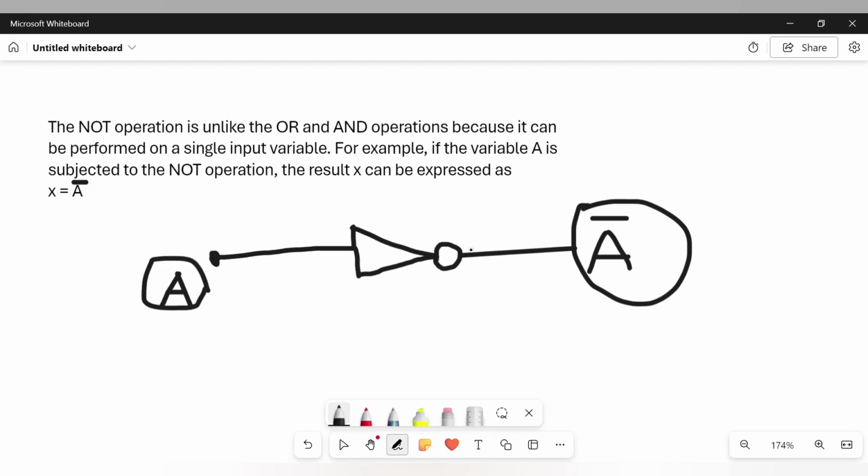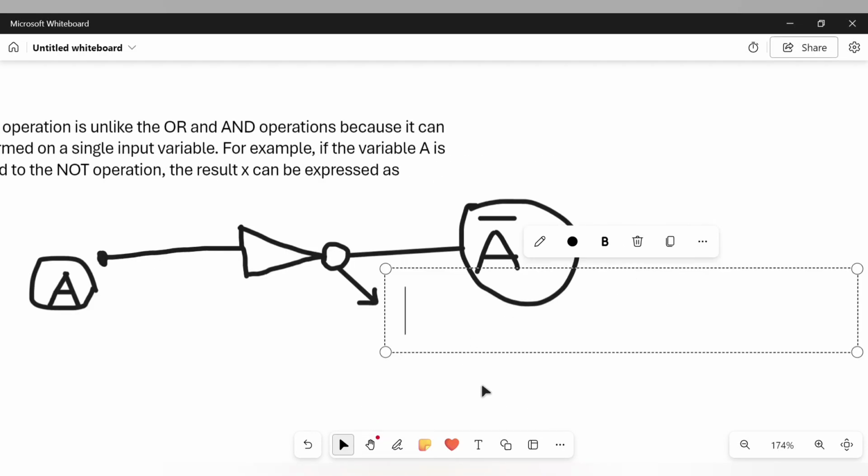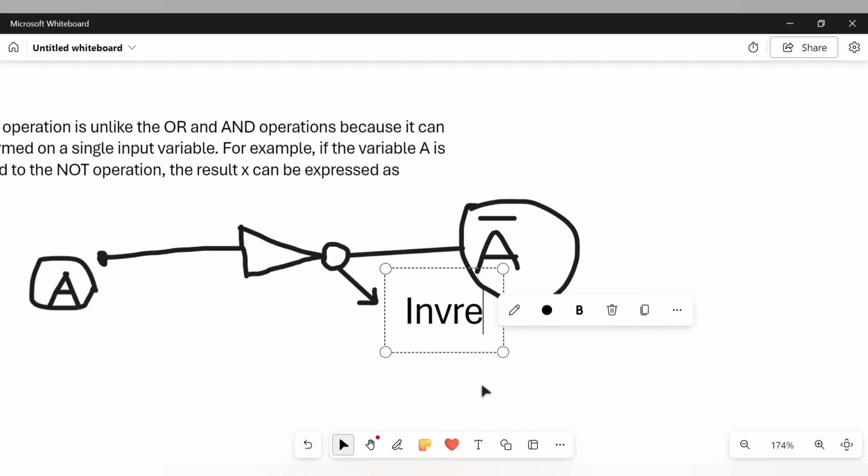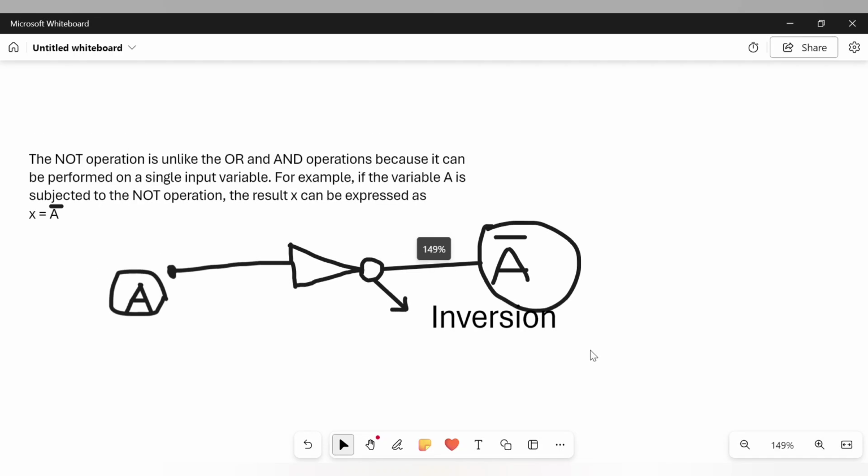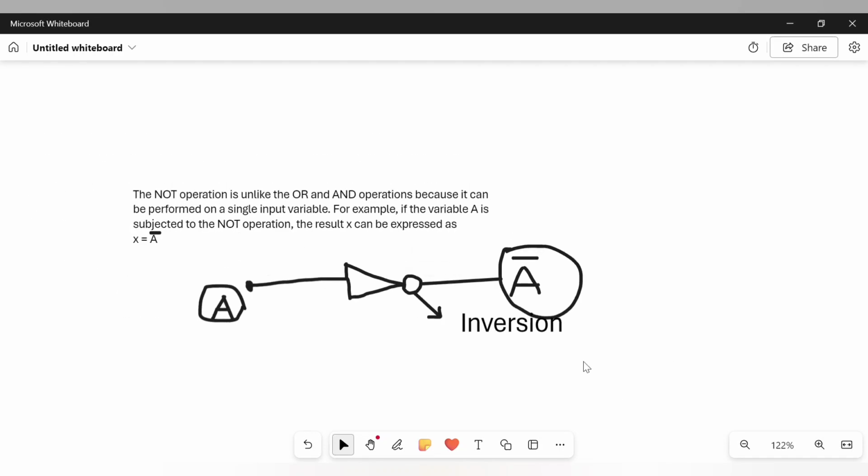The presence of this small circle always denotes inversion, and this total circuit is known as the NOT circuit.